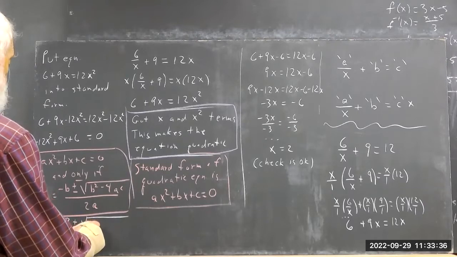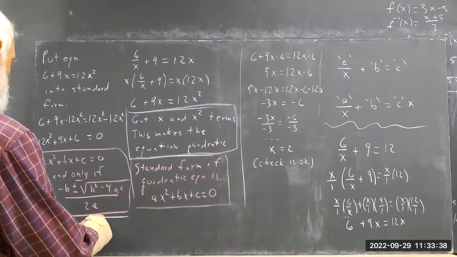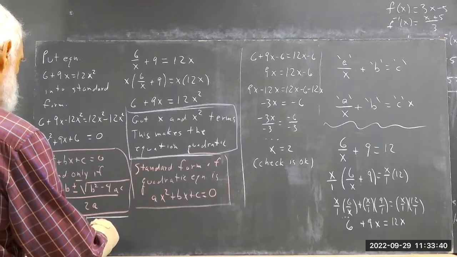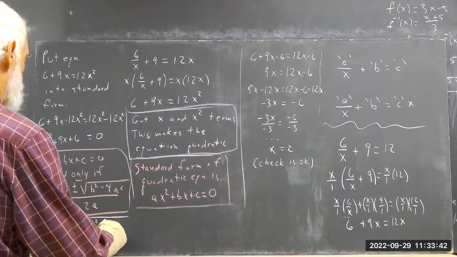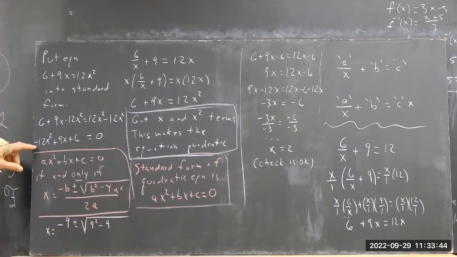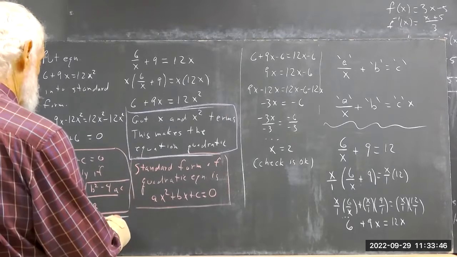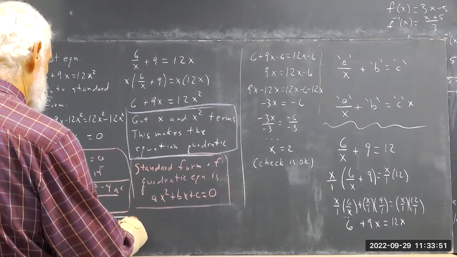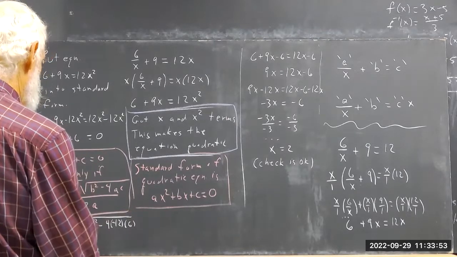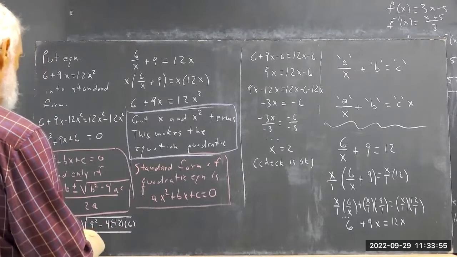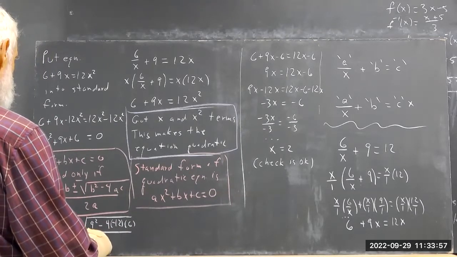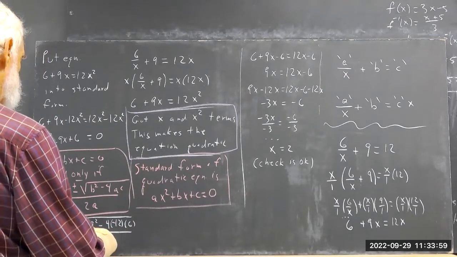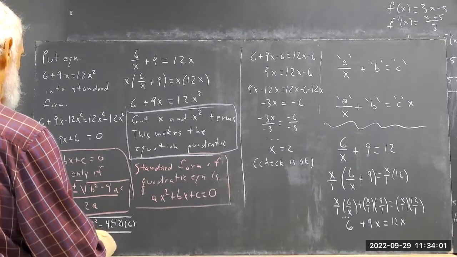Well, that's going to be 9 squared minus 4ac. What's a? It's negative 12. So that's 4 times negative 12 times 6. And then you divide over 2 times a, which is 2 times negative 12.